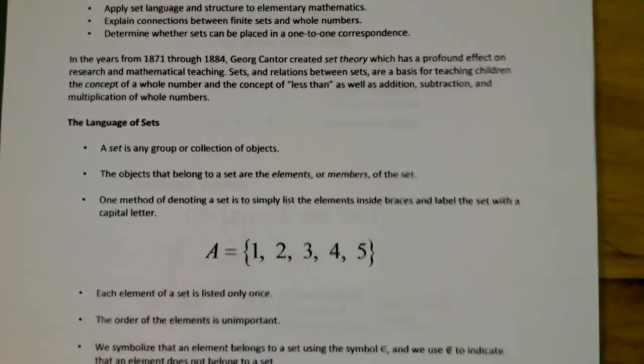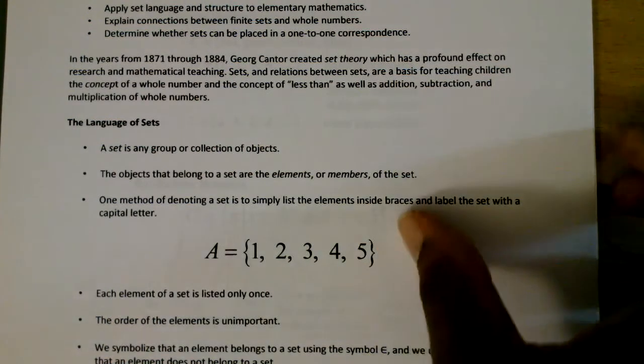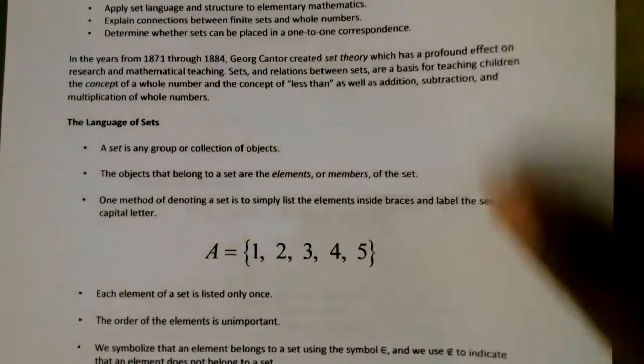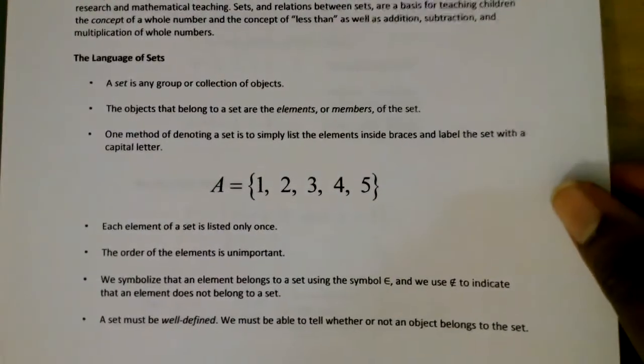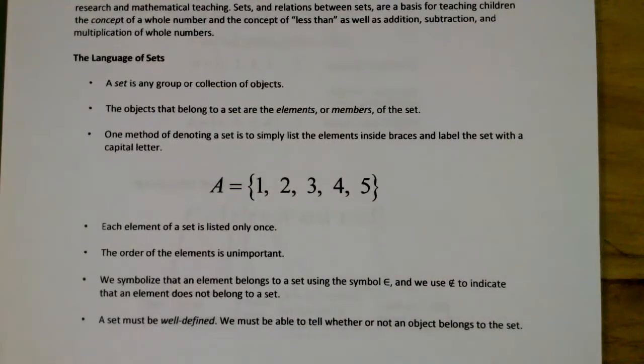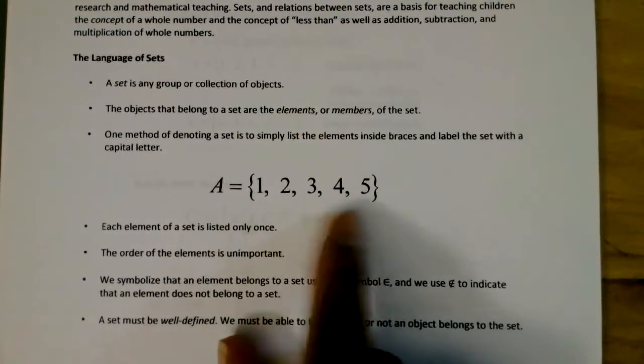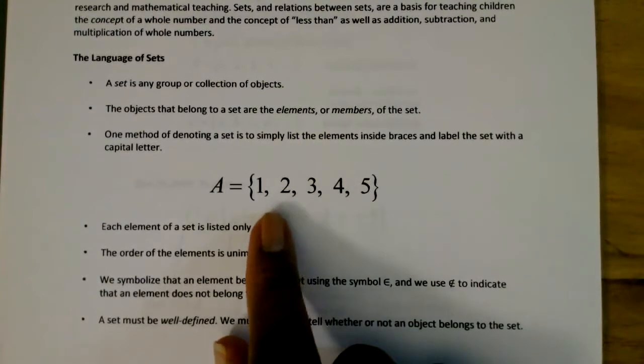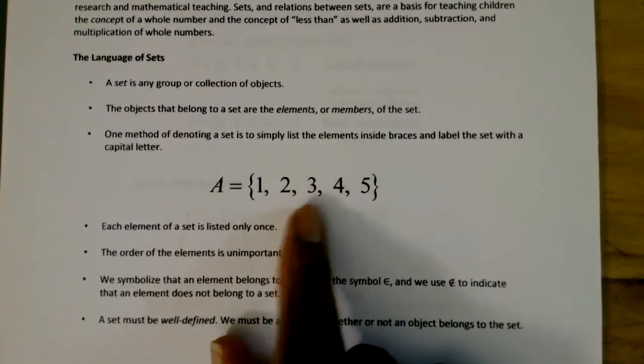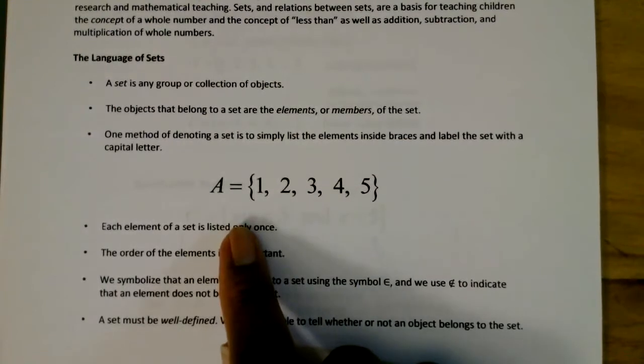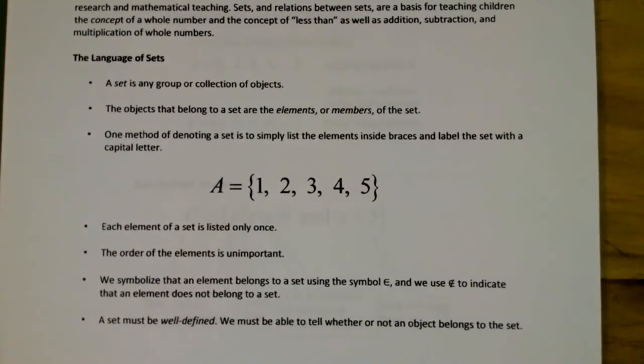In this case, it's capital letter A, so we can call this set A. Also, each element of a set is listed only once. And the order of the elements is unimportant. So the order here can be anything we want. We can list the elements of set A as 5, 4, 3, 2, and 1.